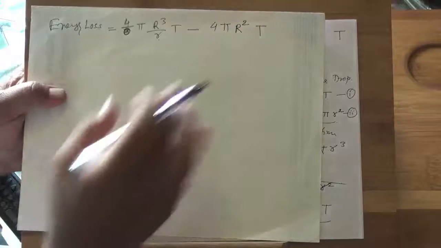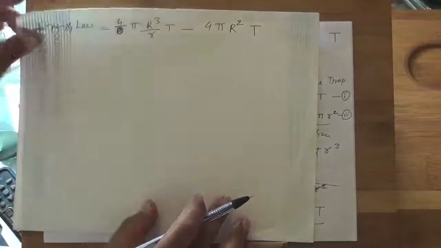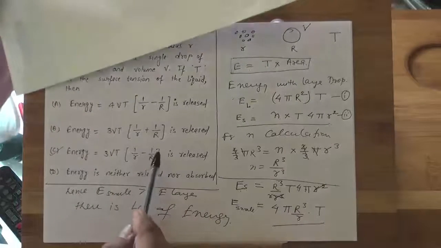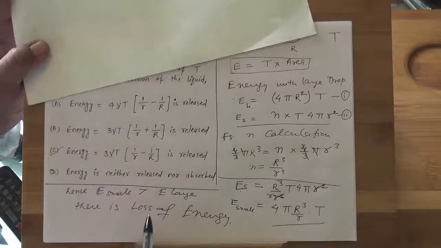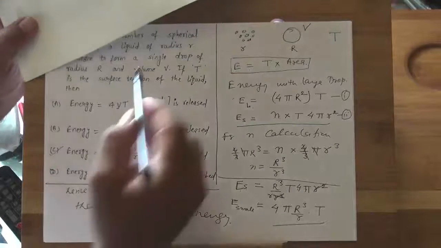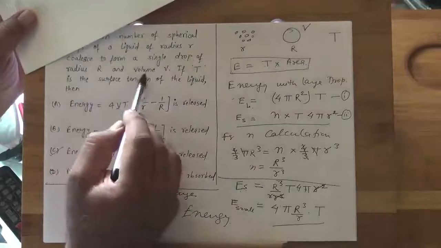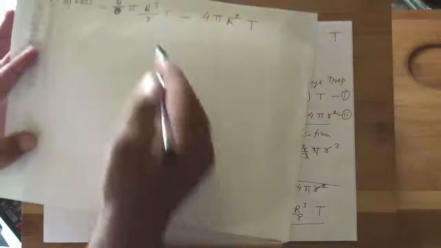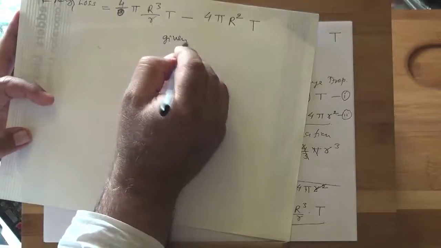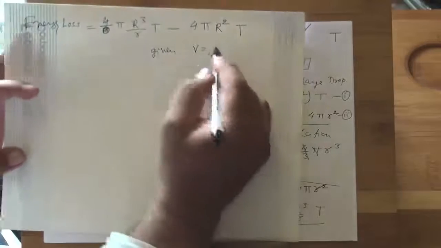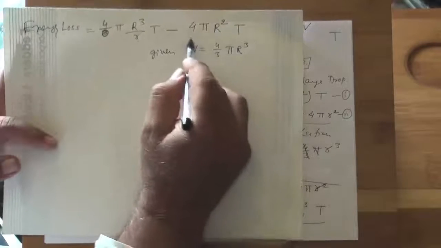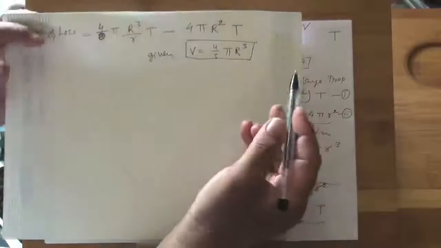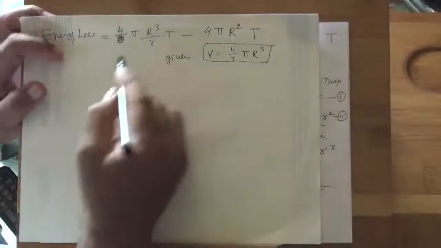Now we have to solve it in a manner that matches one of the options. Here we see volume. Volume is 4 upon 3 pi r cube, and V is the symbol used for it.